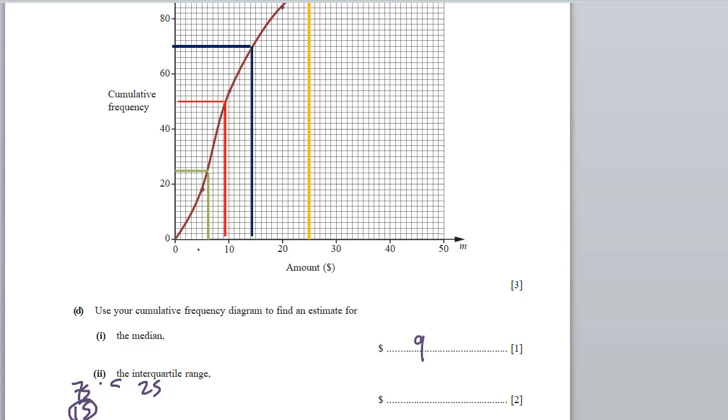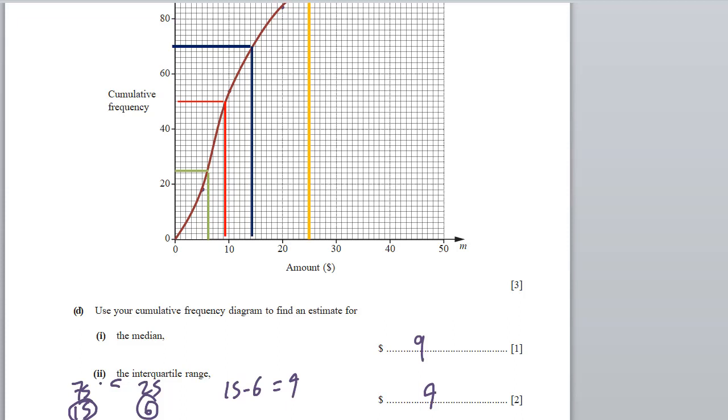And then at 25 here we have, this is 10, 9, 8, 7, 6, so 6. So the value is equal to 15 minus 6, which is equal to 9. So the value also here is $9.